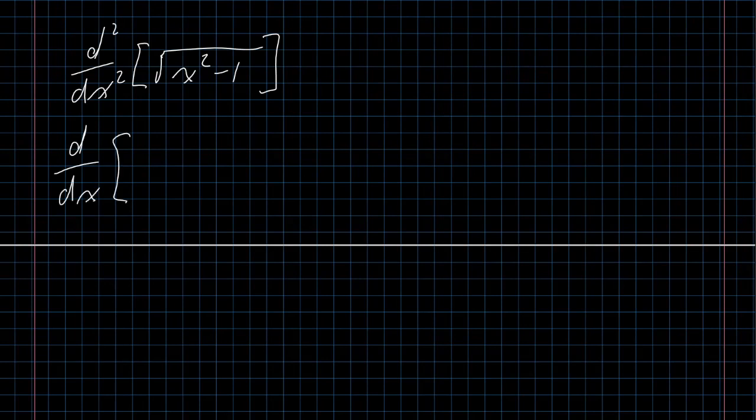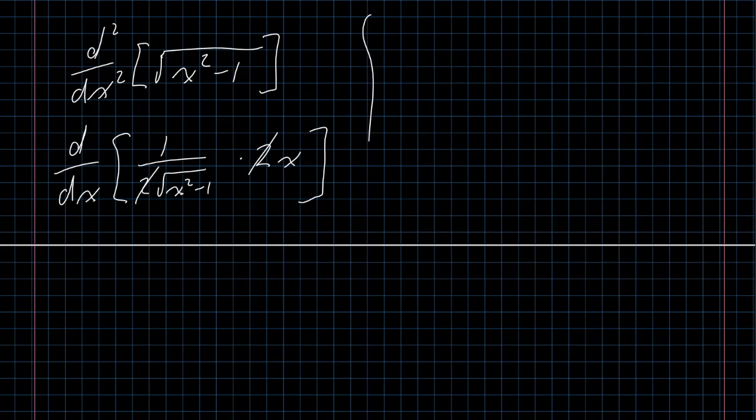I'm going to take the derivative of x squared minus 1, which is going to be 1 over 2 square roots of x squared minus 1 times the derivative of the stuff inside, which is itself 2x, using the chain rule for that step. And let's get rid of these extra factors of 2. They don't actually need to be there. And we can write this now as the derivative of 1 over the square root of x squared minus 1 times x.